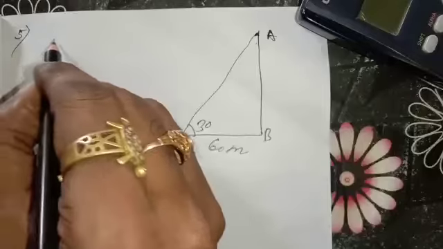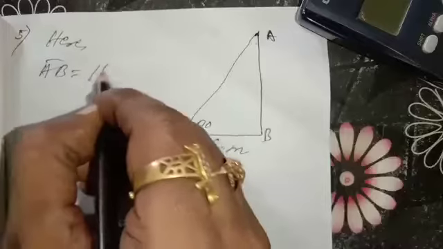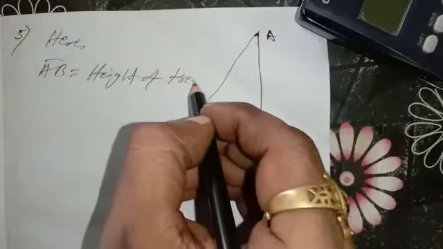First write here: AB is equal to the height of the tree, which is not given.